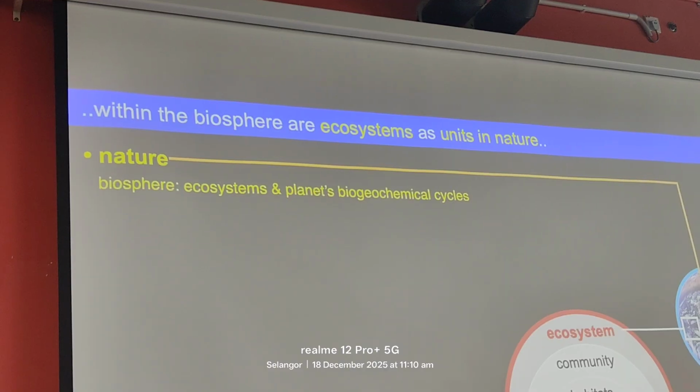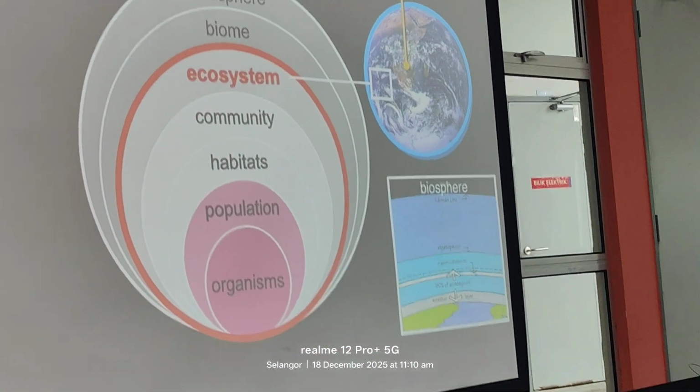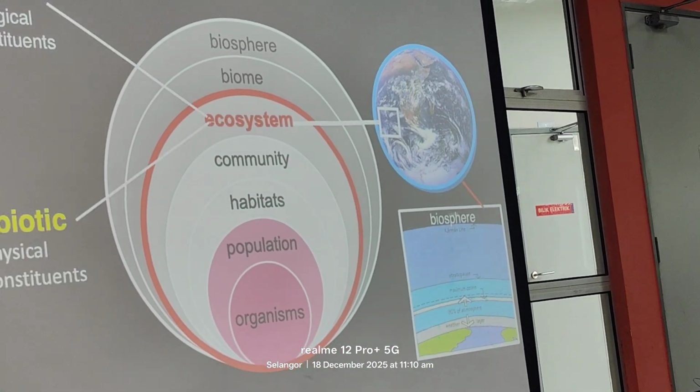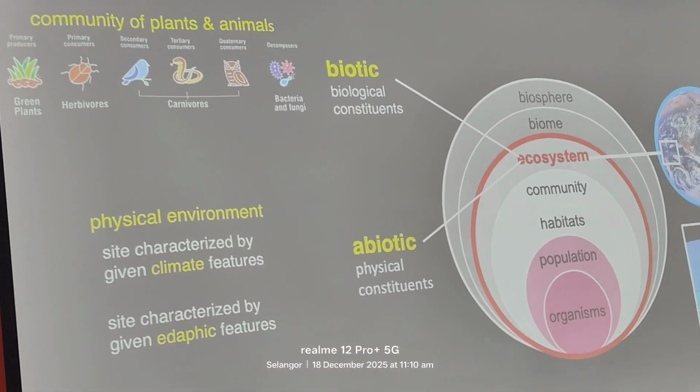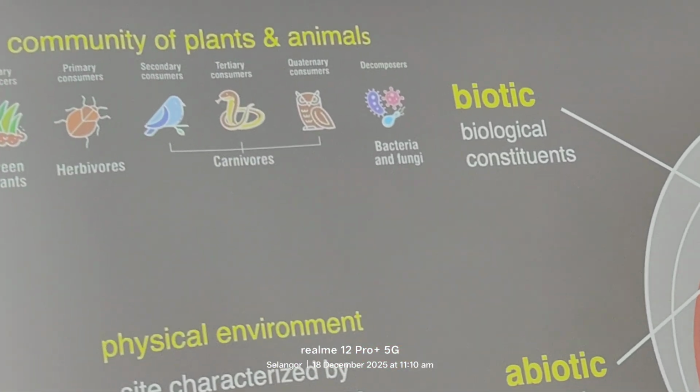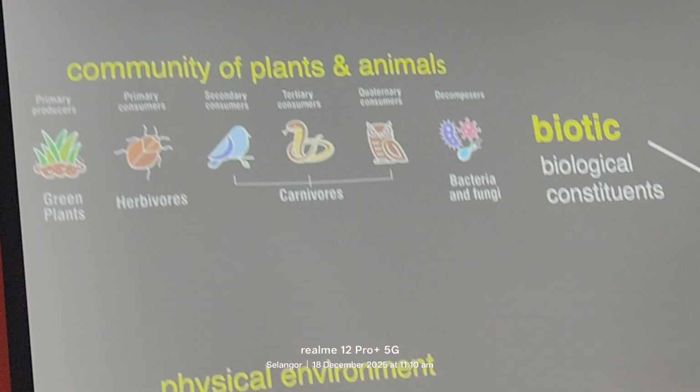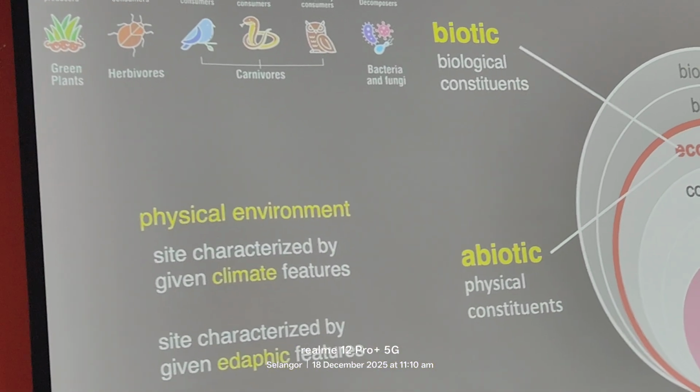Ecosystems exist in the biome within the biosphere and consist of biotic, which is the organic constituents, and the abiotic, acting together to form a whole unit.